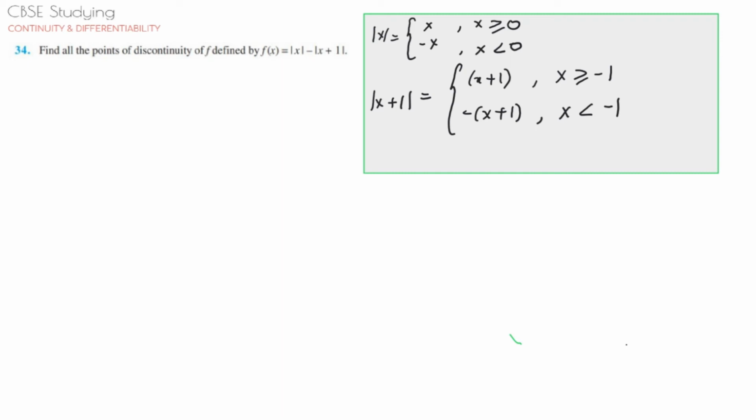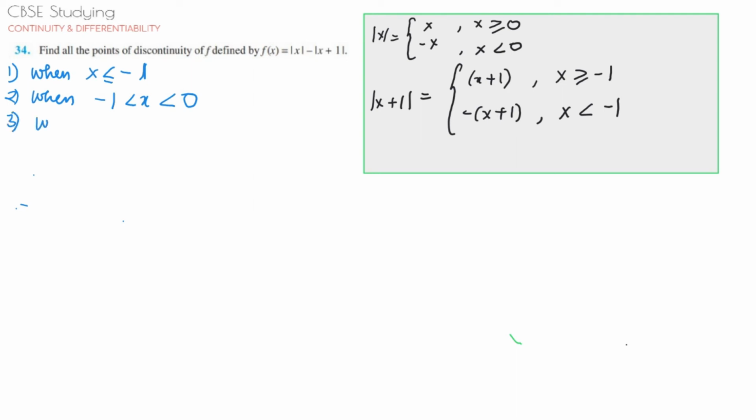Now, what are our intervals going to be? Our first case is going to be when x is lesser than or equal to minus 1. Correct? Second case is going to be when minus 1 is less than x less than 0, when x is between minus 1 and 0.